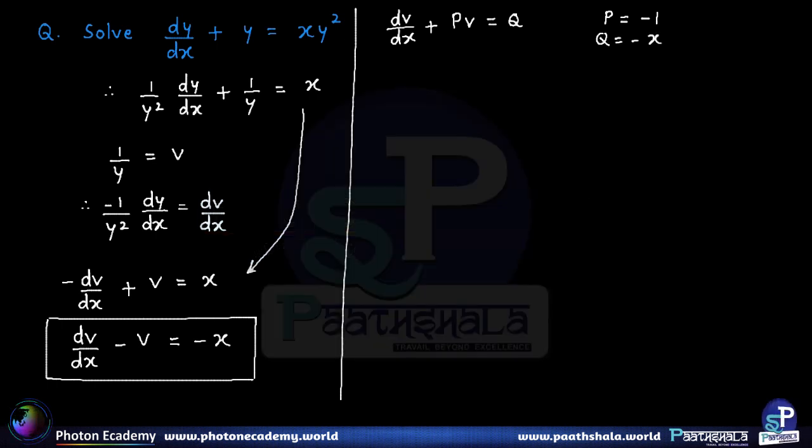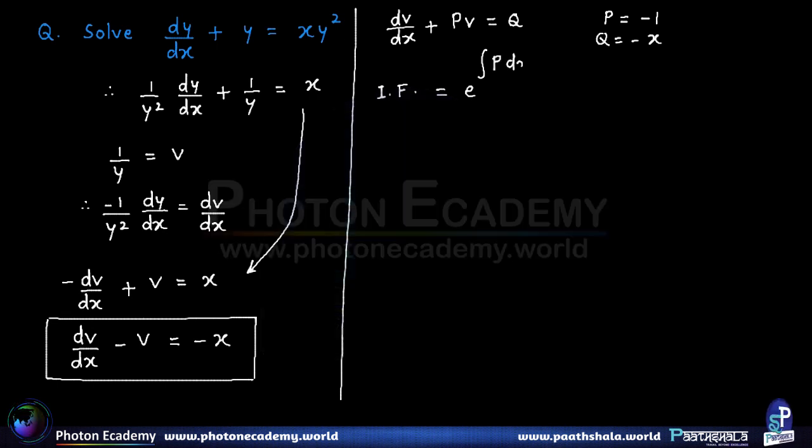So first we will have to find out the integrating factor. Integrating factor is given by e raised to integral of p dx, so that equals e raised to integral of minus 1, which gives us e raised to minus x as the integrating factor.